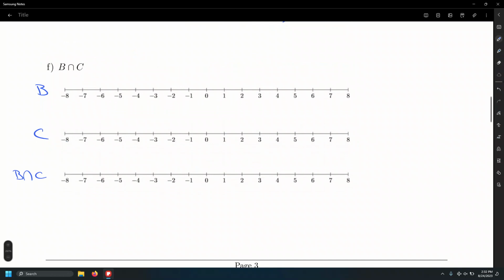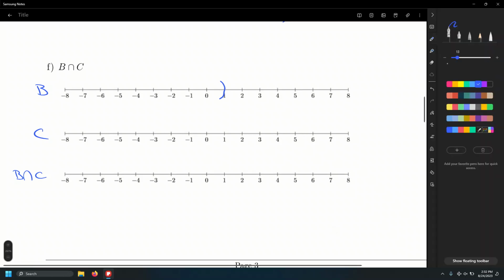Set B is all the set of numbers that are less than 1. That is from 1 and to the left. And then we have, what else? It's set C, which is 2, but then to the right.